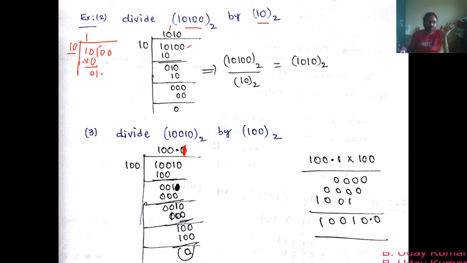But anyway, I don't want to do the direct steps. I want you to understand it step by step. So since I got 01 here, but we are dividing by 10, since it is a smaller number, I just multiply with 0 here. 10 zeros are 0, and hence if you subtract 0 from 1, you get 1 now.